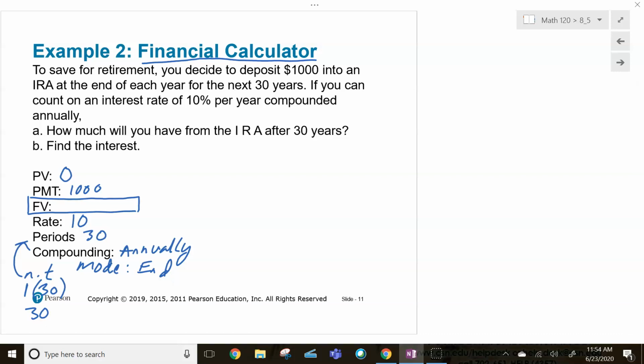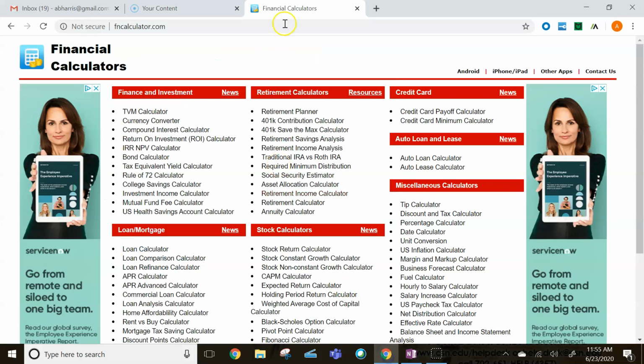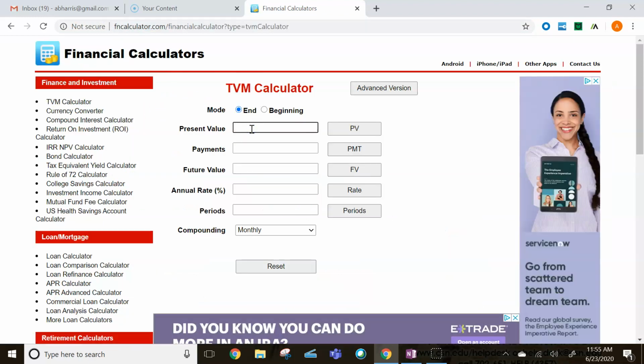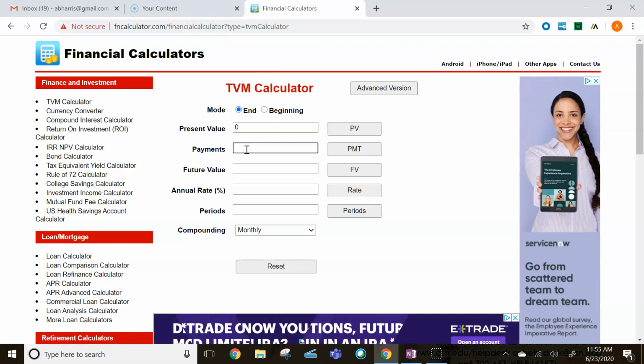You do that. So let me pull up the calculator here. I'll show you that. Time value money calculator. So again, fncalculator.com. Click on time value money calculator. We put zero money in up front. Notice the mode is end here. Okay, putting the money in at the end. Our payment is $1,000. I'm going to solve for the future value.